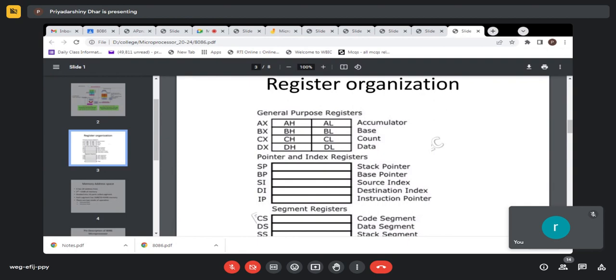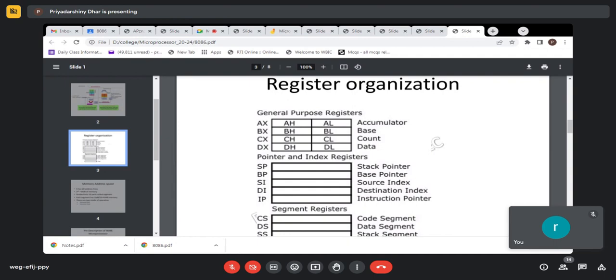But in the 8086 microprocessor segmented memory is present, so it holds the stack top memory location in the stack segment. Clear? Now BP is called the base pointer, and SI is our source index register.